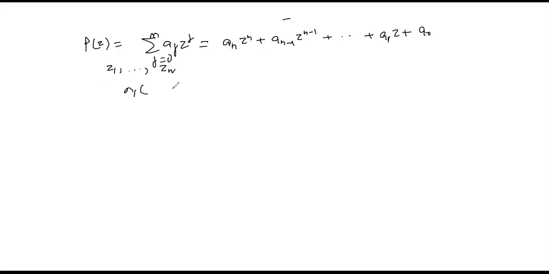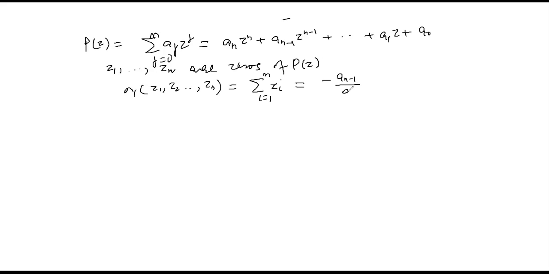So sigma 1 of z1, z2 to zn, if z1, zn are the zeros of pz, then this is equal to summation zi, i runs from 1 to n, which is equal to minus an minus 1 divided by an.